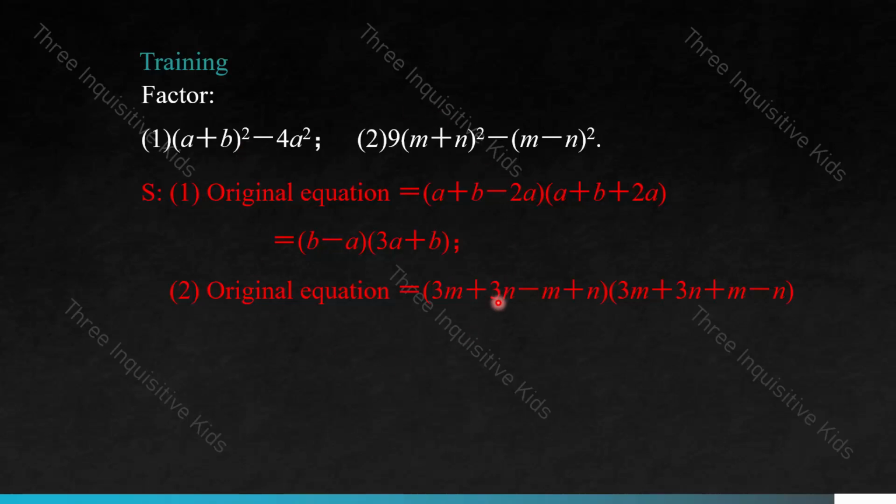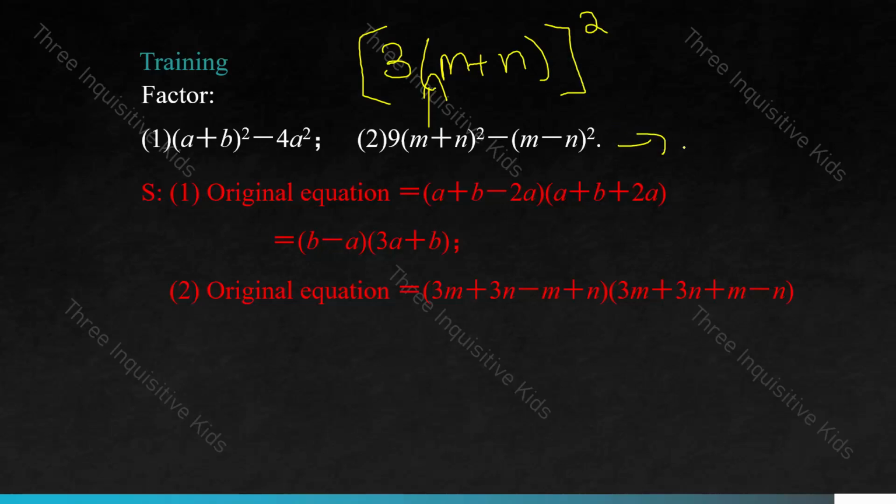Now, our second question, 9 times (m plus n) squared minus (m minus n) squared. You can think of what is being squared. So what is being squared here? This is just the square of 3 times (m plus n) being squared, and this is just (m minus n) being squared.